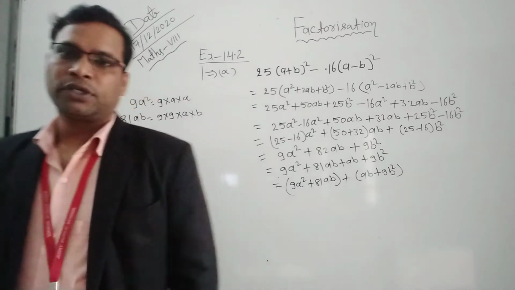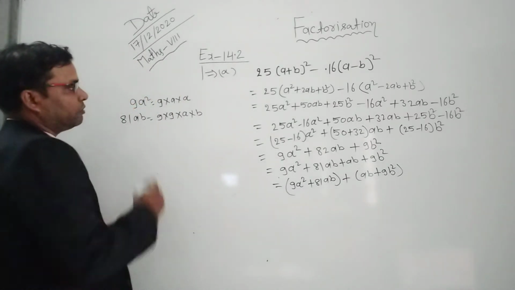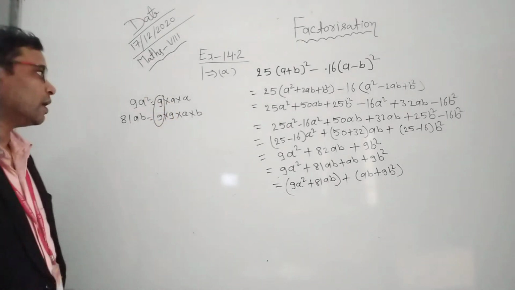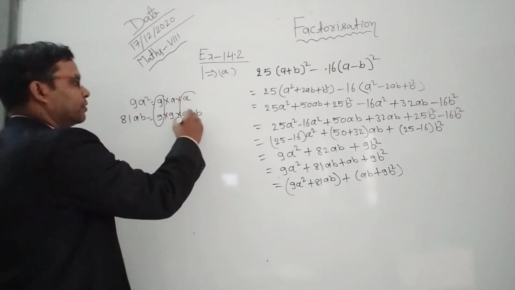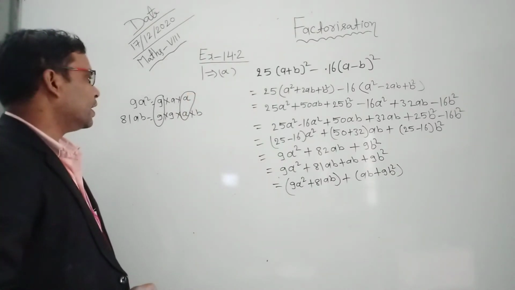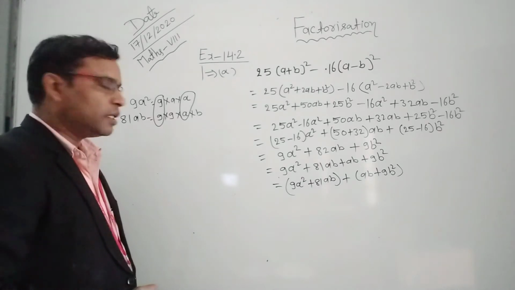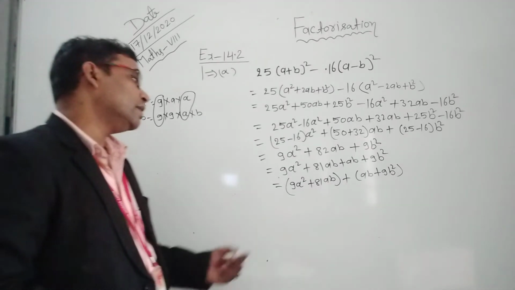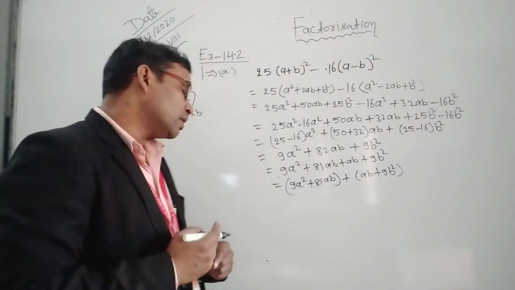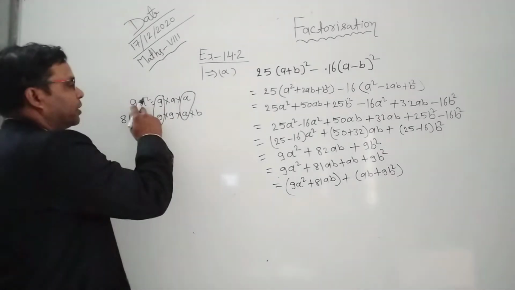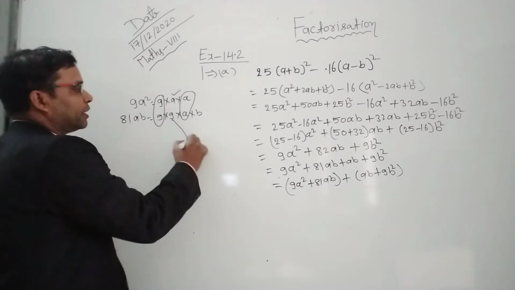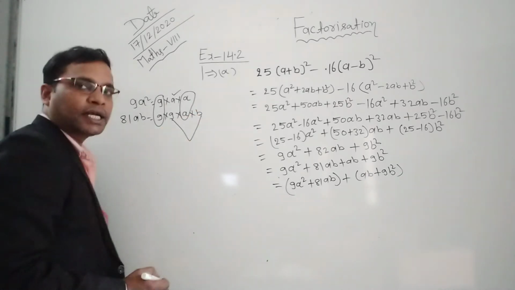Student, I hope you all understood this part. So what is common between them? Obviously 9 is common between them and A is also common. It means 9A is common in the first two terms, the first group. After taking common 9A, what happens? The first term is A, and in the second term you can see 9 into B, or 9B.